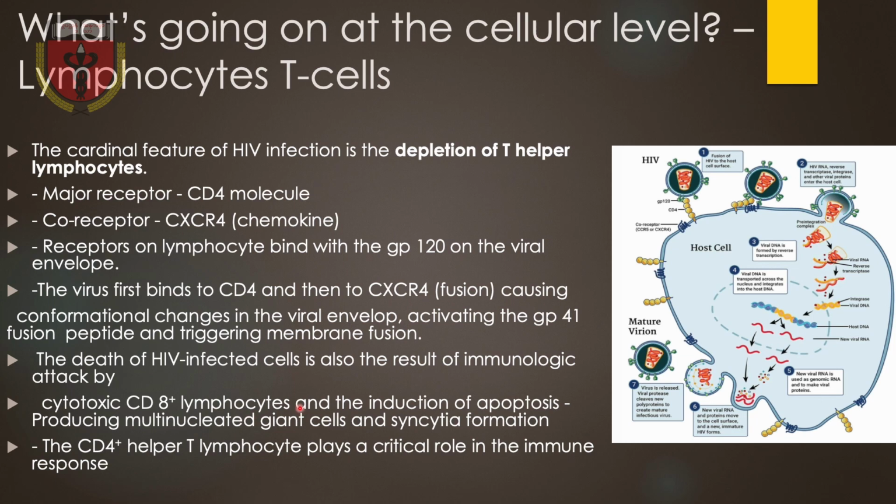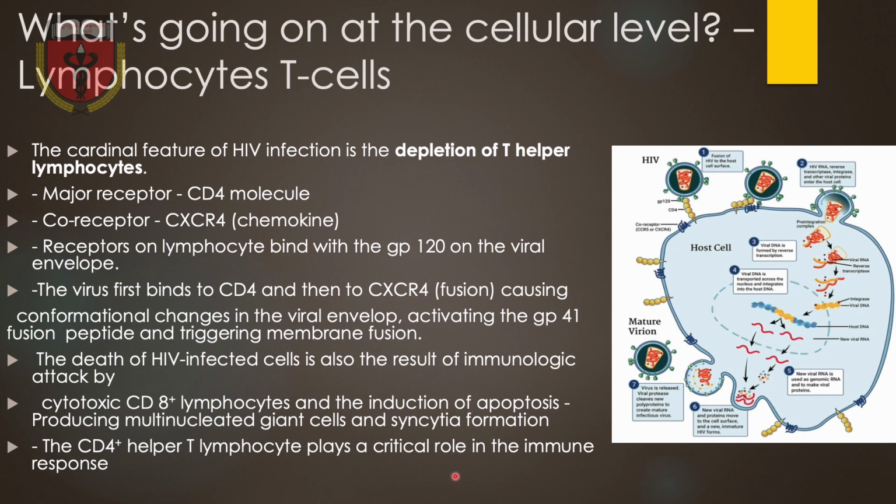So cytotoxic CD8 lymphocytes, by the induction of apoptosis, kill the cells. So that's what happens when HIV infected cells die from apoptosis, die from our own immunologic response.